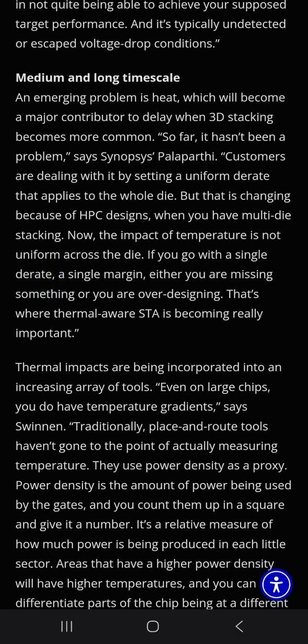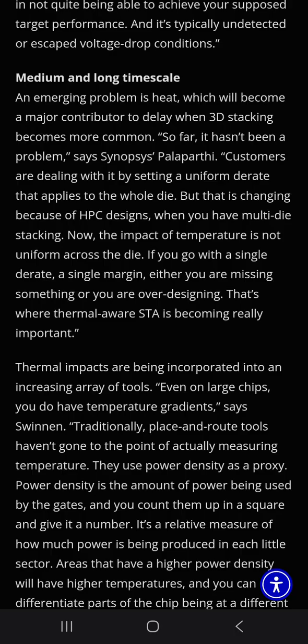Thermal impacts are being incorporated into increasing arrays of tools. Even on large chips, you have a temperature gradient, said Swedish. Traditionally, place-and-route tools haven't gone to the point of actually measuring temperature. They use power density as a proxy.